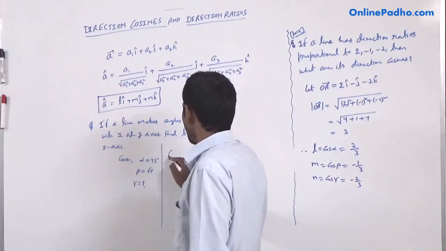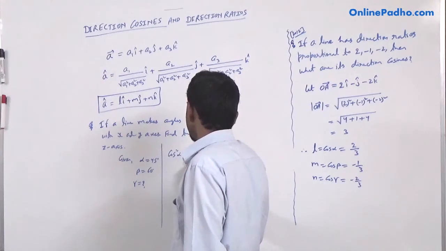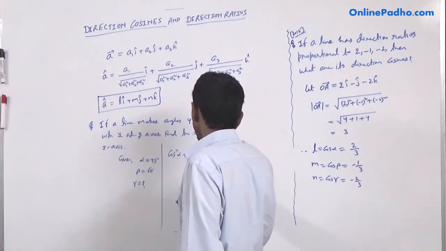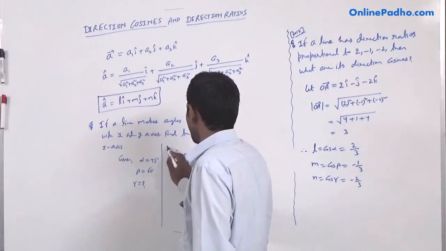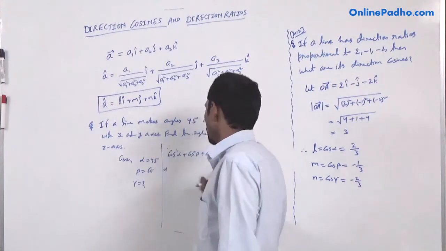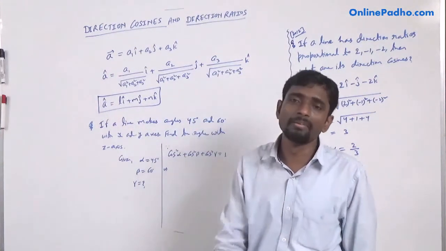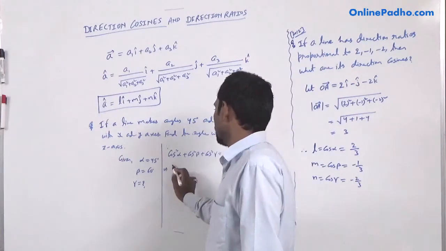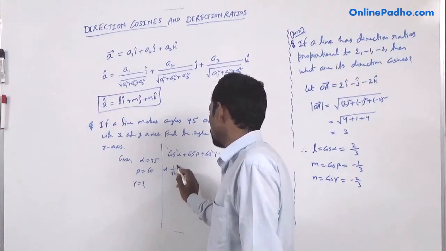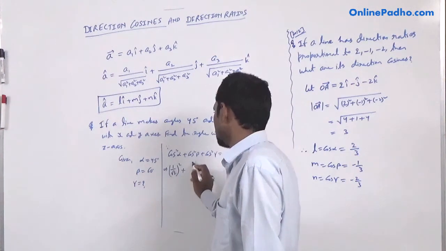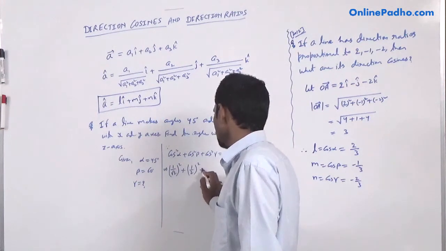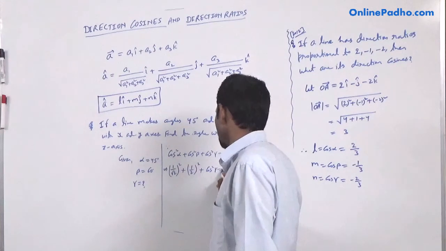And that relation is cos square alpha plus cos square beta plus cos square gamma is equal to 1, that is, l square plus m square plus n square equal to 1. So since we have this relation, we can put the value of alpha and beta in this, and we will get the value of gamma. So cos 45 degree whole square, that is 1 by root 2 whole square, plus cos 60 whole square, that is 1 by 2 whole square, plus cos square gamma equal to 1.